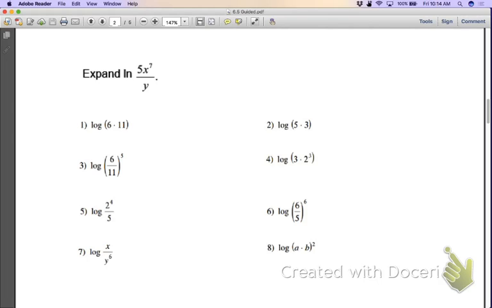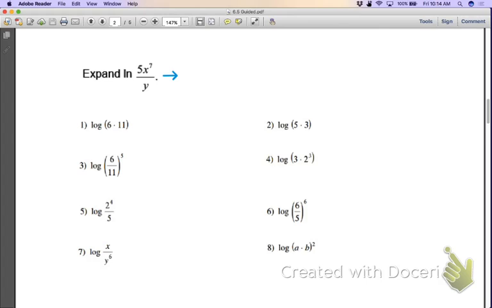Whenever you do this, I would suggest running everything lengthwise. If I have the natural log of 5x to the 7th divided by y, separate everything out as top and bottom first.